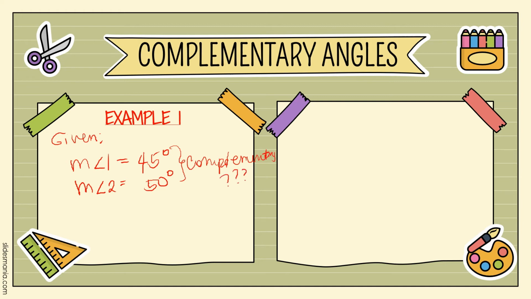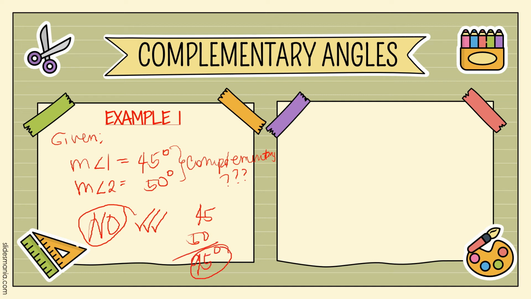Alright, very good. If your answer is no, you are correct. They are not complementary. Why? Because if I am going to add these two angles, the sum would be 95 degrees, which is not the requirement for complementary angles. Therefore, angle 1 and angle 2 are not complementary angles.